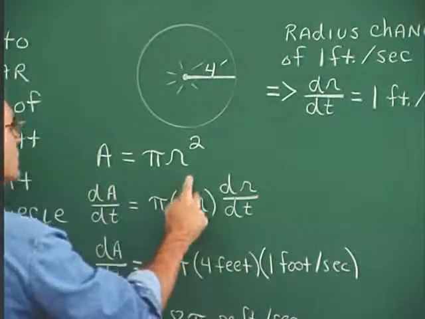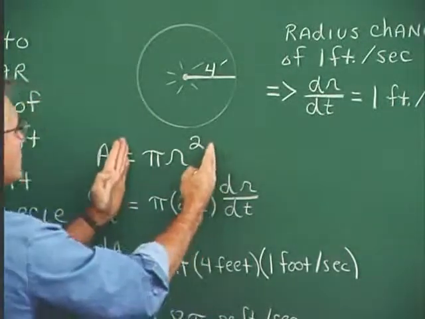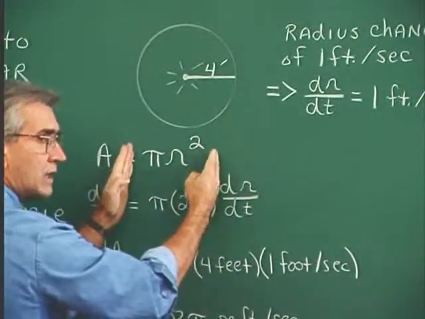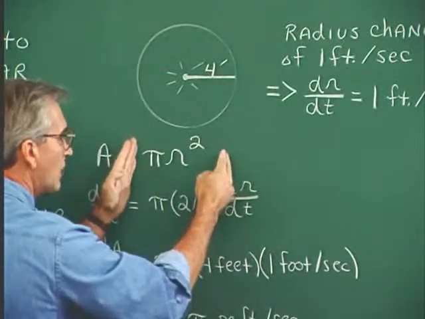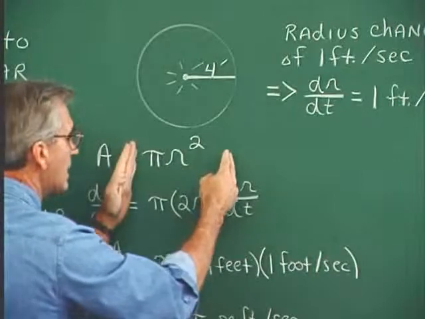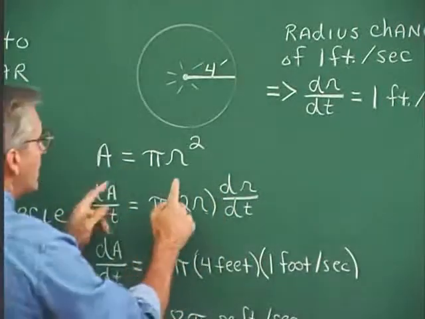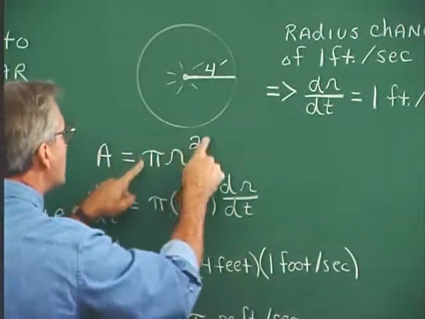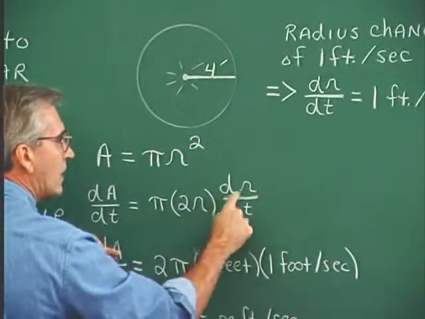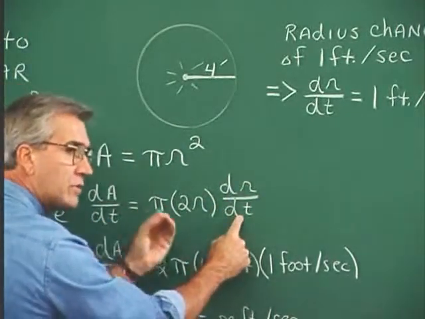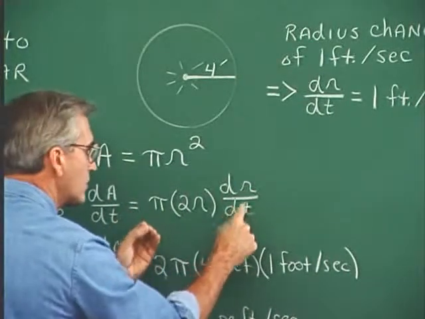And on the right, we're doing the same thing. We're differentiating the radius with respect to t. So implicitly it is pi times 2r, and the dr dt, radius with respect to time.